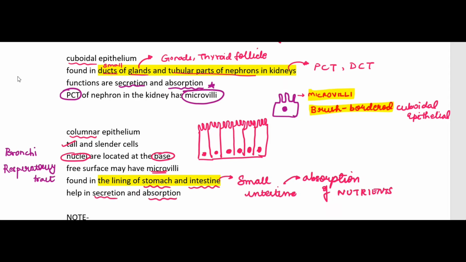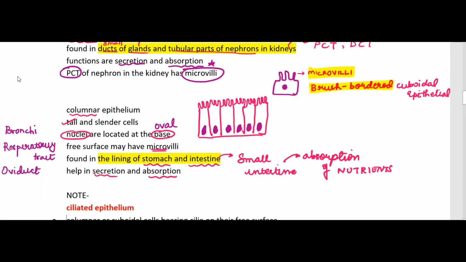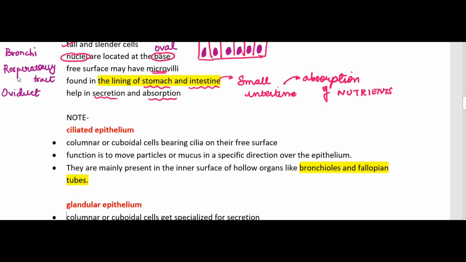Columnar epithelium is also found in places like the bronchi, respiratory tract and oviduct or the fallopian tube. In such places, the free surface has cilia in them, which forms the ciliated epithelium. Okay, so note, ciliated epithelium can be made up of columnar or cuboidal cells which bear cilia on their free surfaces.